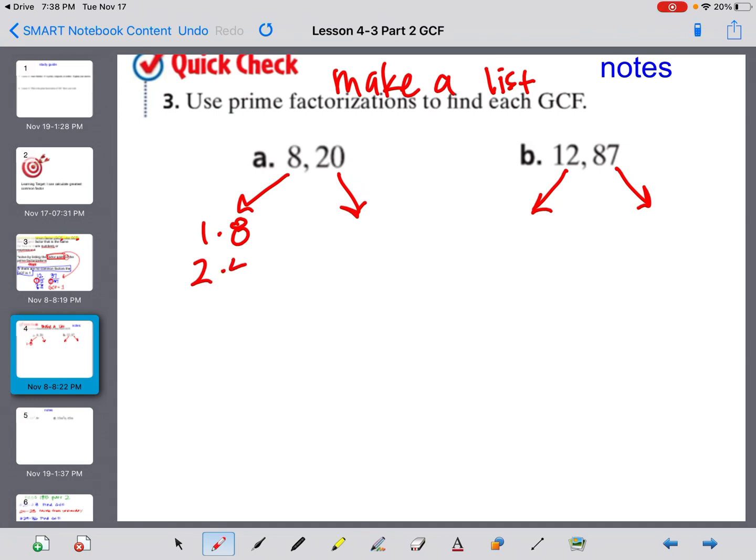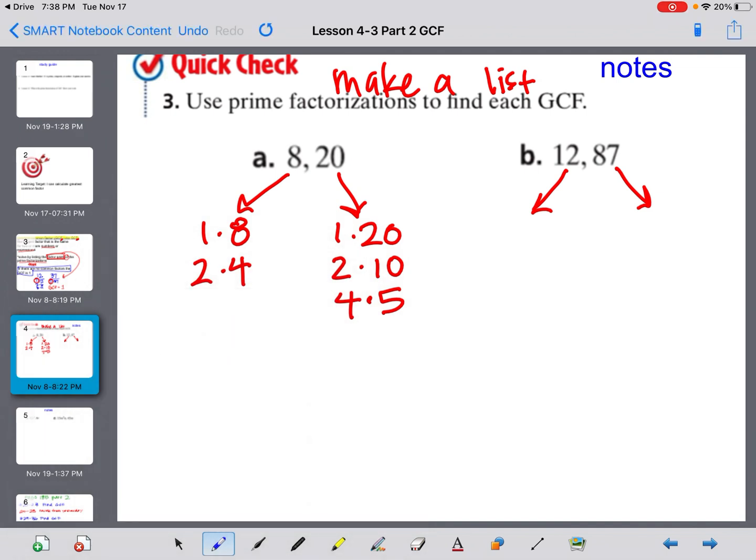Okay, for 8, I have 1 and 8, 2 and 4. What am I missing? 3? Nope, no 3. For 20, I have 1 and 20, 2 and 10, 3, nope, 4 and 5.